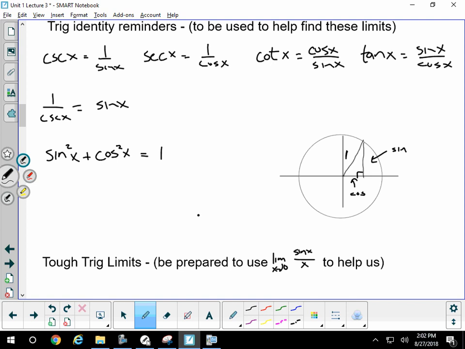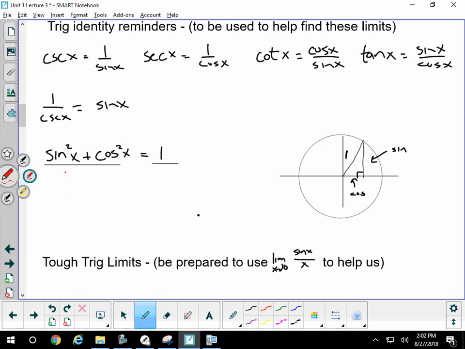Isn't that interesting? If you've memorized the unit circle but don't understand that it's coming from SOHCAHTOA, from the trig concepts, that might have been completely lost to you. But maybe now you do understand it. It's also important to understand that you can manipulate this to create your other identities with ones involved.